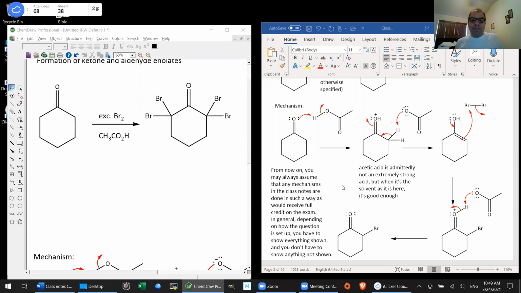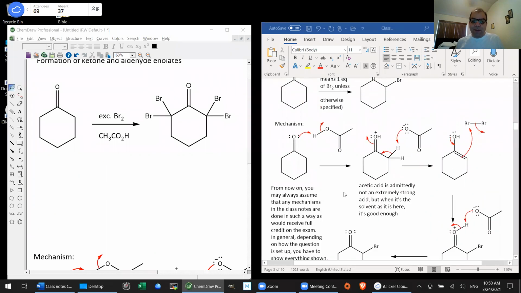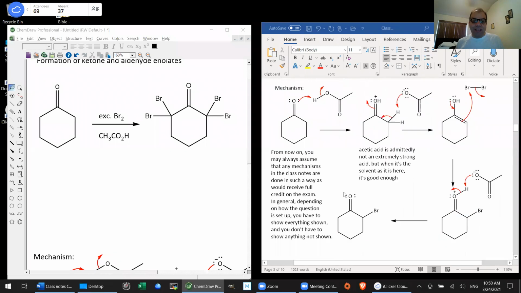Anyway, since we're under acidic conditions, we know that because acetic acid is at least a little bit acidic, not the strongest acid in the world, we would expect to be doing things on the acidic side of the ledger. That means we would want to protonate our carbonyl oxygen first.